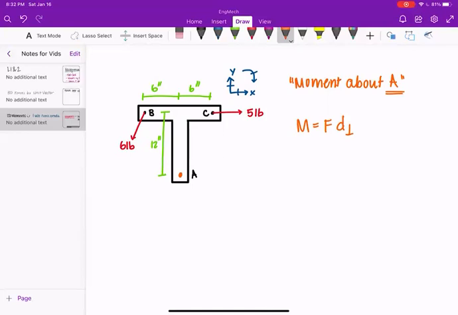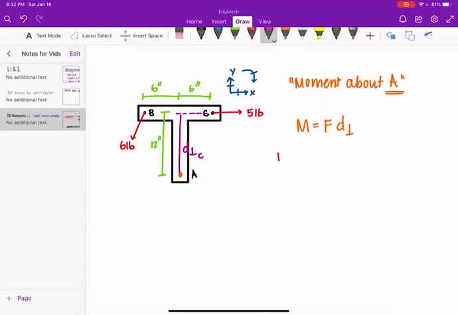Really only the one at point C. The perpendicular distance between force C and point A would be the distance to the line of action, so essentially this distance, which is labeled as 12.